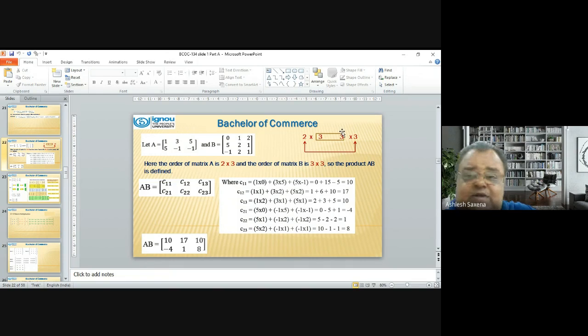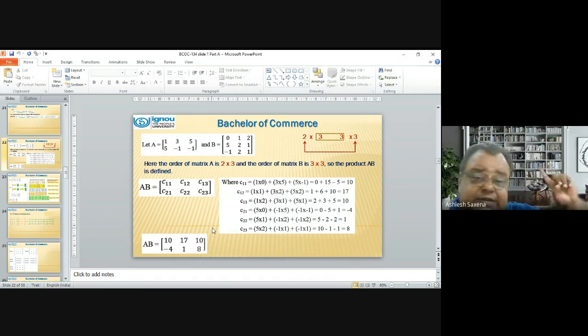You can see over here I have joined these two. Your answer is straight away a 2 by 3 matrix. Now we'll see how this 2 by 3 matrix will come. You can see this is the answer: C11, C12, C13, C21, C22, C23. Now the question arises how this will be performed.